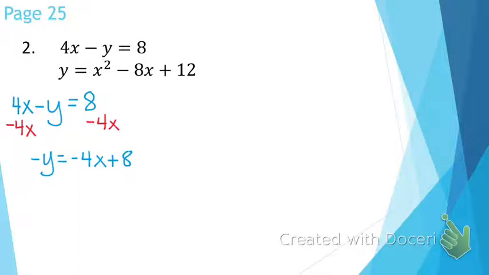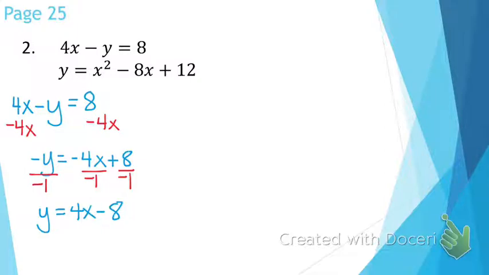So in order to get rid of the negative, we have to divide everything by negative 1. So we get y equals 4x minus 8.